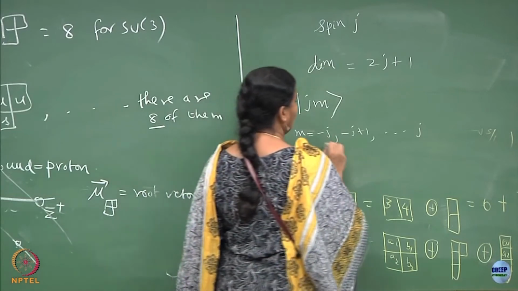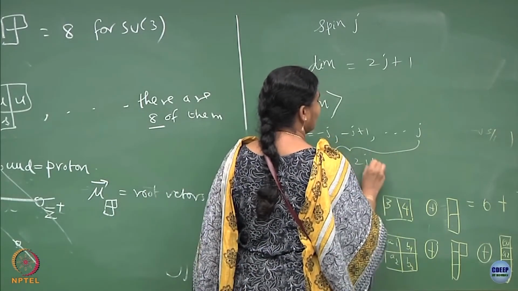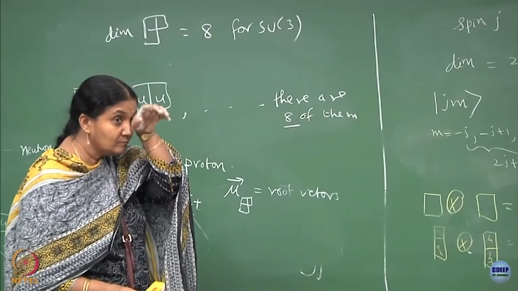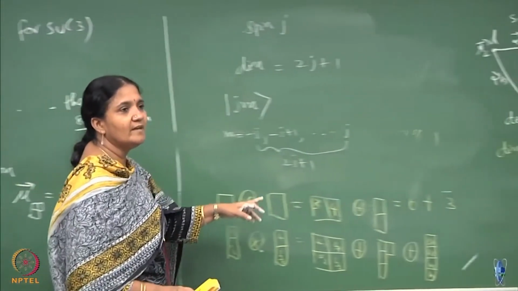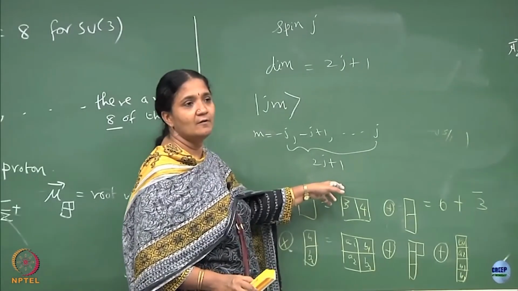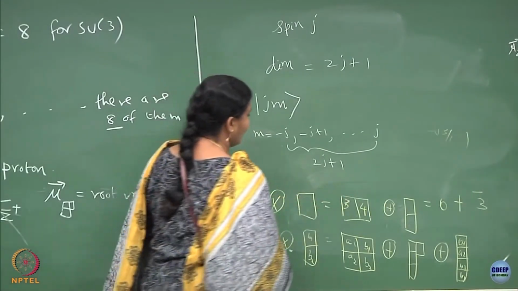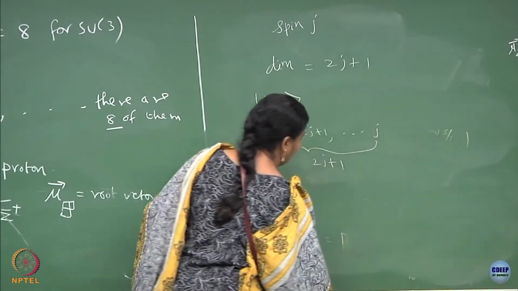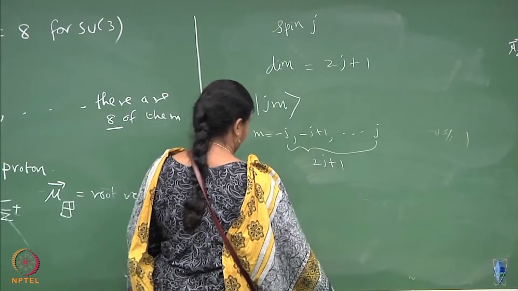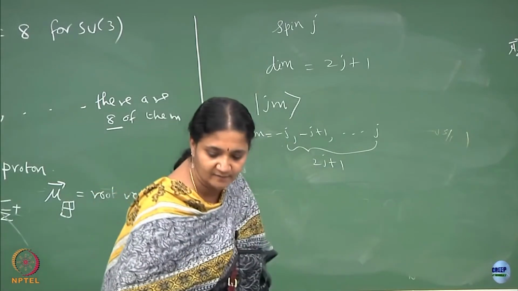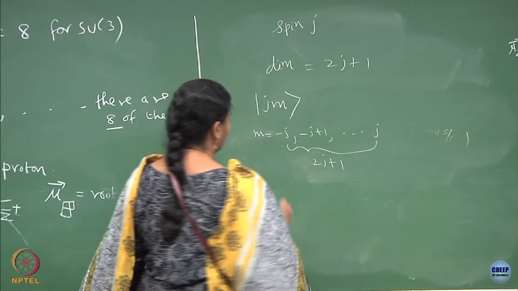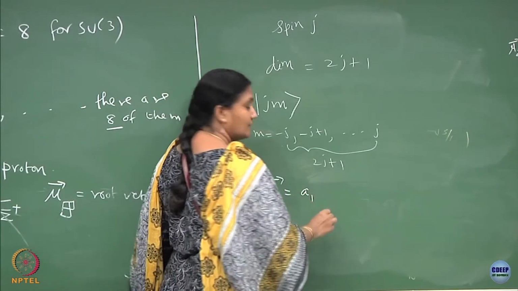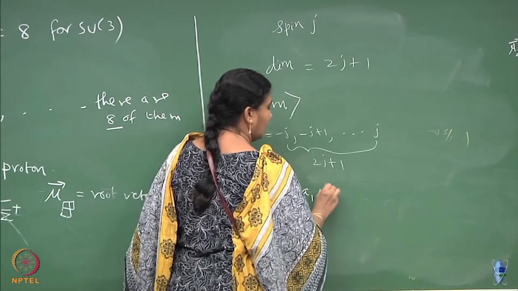So, this number of states is 2j plus 1. Are you all with me? Which diagram will give me 2j plus 1 for the SU2 group? For the SU2 group, you can only put the highest weight as some number of boxes times mu 1, right.